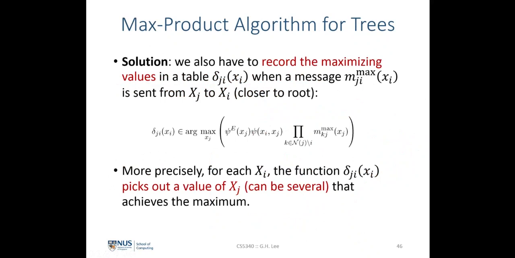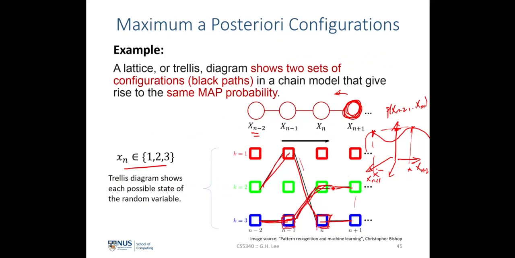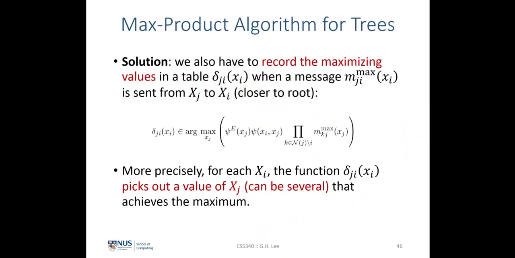So the solution here would be easy. We will simply record the maximization values, or the paths that we have seen earlier on. So when we decide the next step over here, we need to consider the path towards the previous step. And what we will end up with is to trace the path that gives rise to a maximal configuration, to make sure that the configuration of the random variables that gives rise to that particular maximum value is consistent.